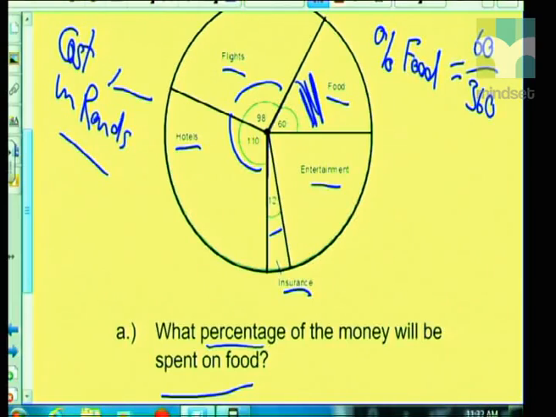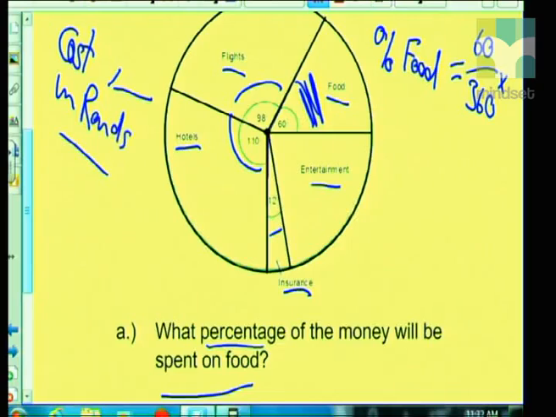So that's what the fraction is going to be. And to get a percentage, I'm just going to take that and multiply it by 100 over 1. Okay. And so that will give me the percentage of food. Again, please notice, it doesn't tell me what the amount of money that I'm spending.